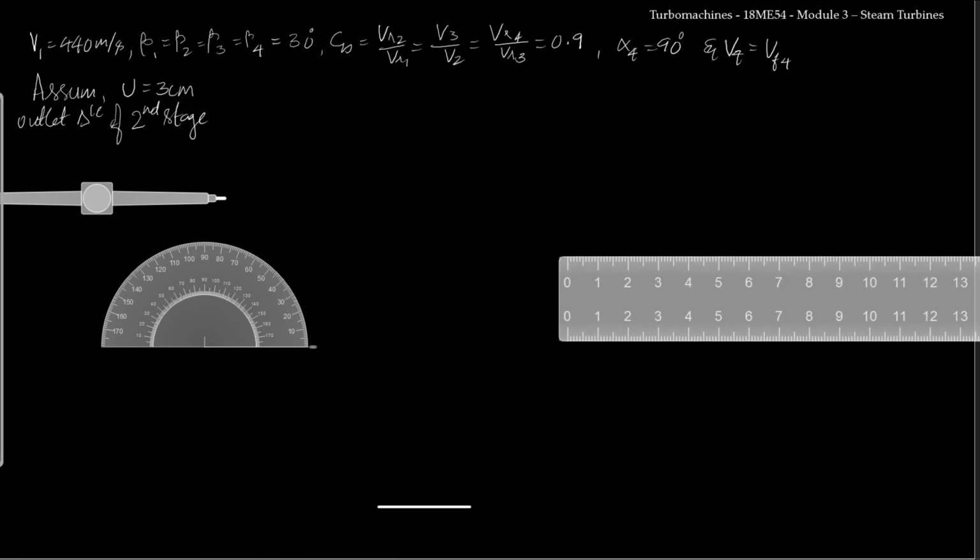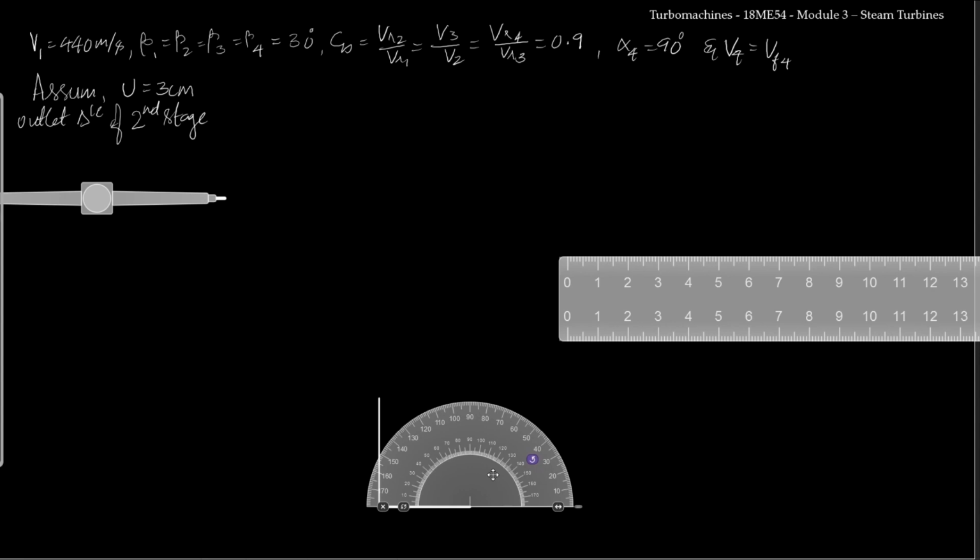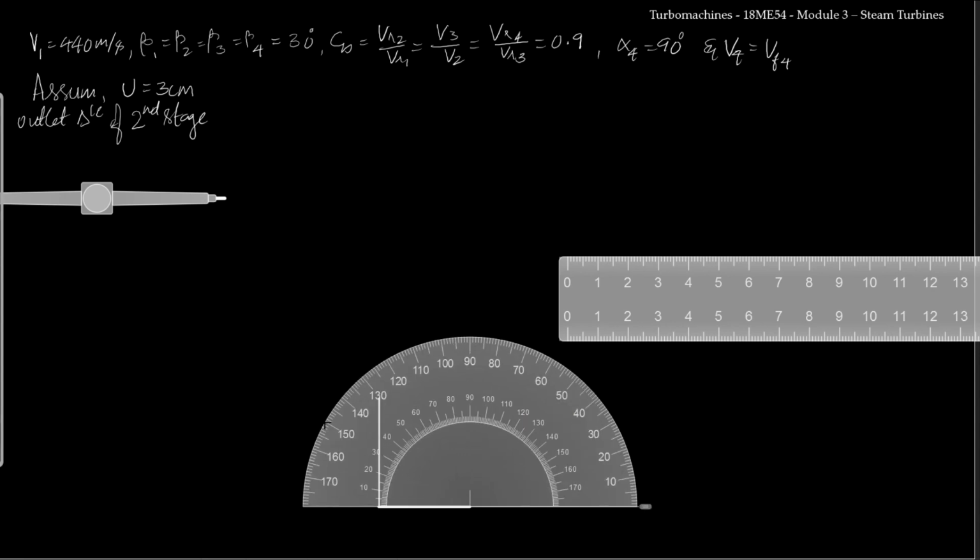Now I need to satisfy the condition that V4 should be axial. So I will draw a vertical line here. Once I have drawn the vertical line, I know beta 4 is 30 degree. So I will place the protractor here and I will measure 30 degree. So 30 degree is here. I will just mark a point here.